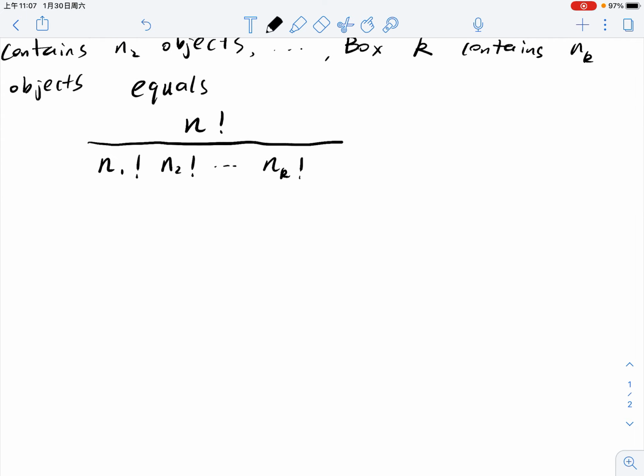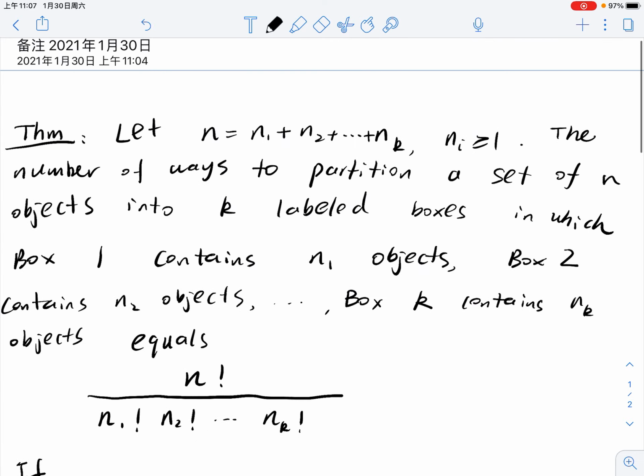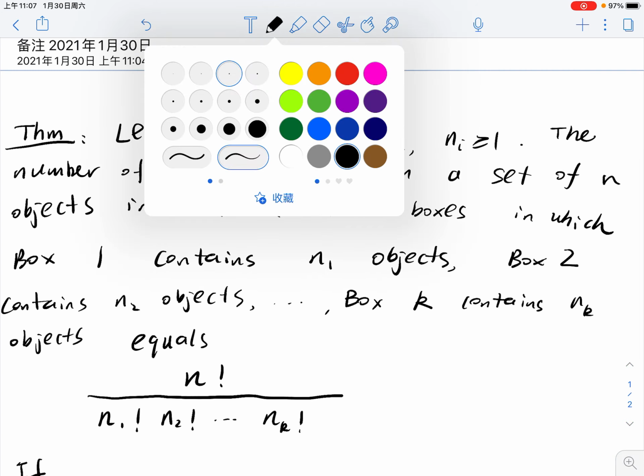This is a result we already proved before, and this is a general case.